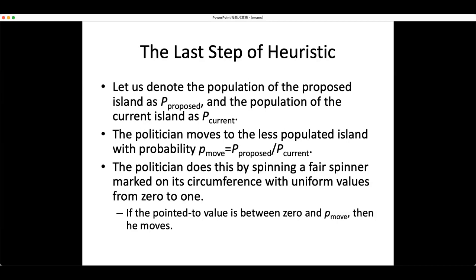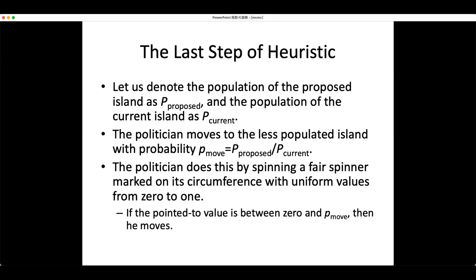The politician only moves to the less popular island with the probability P move equal to P proposed divided by P current.